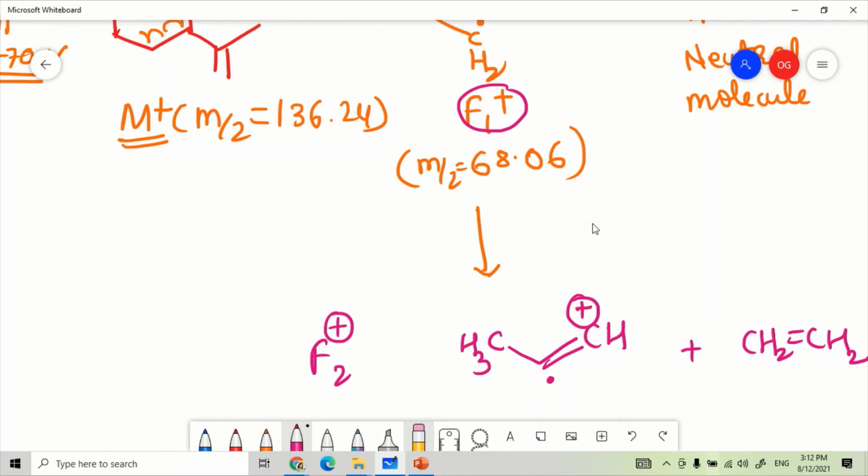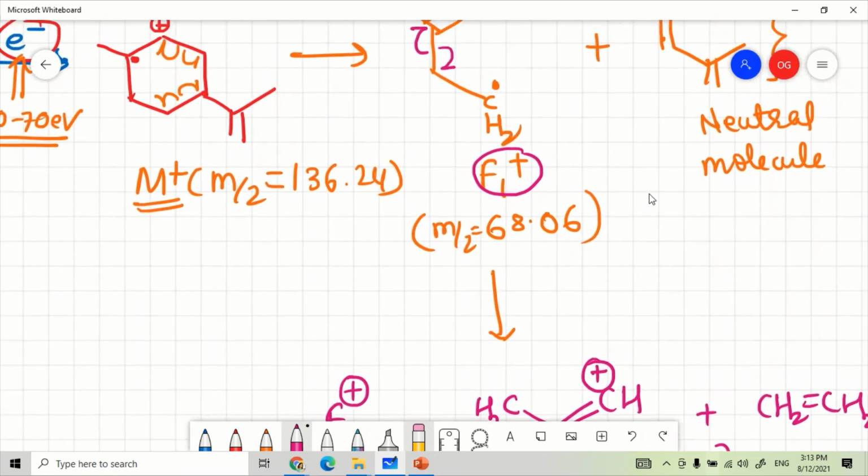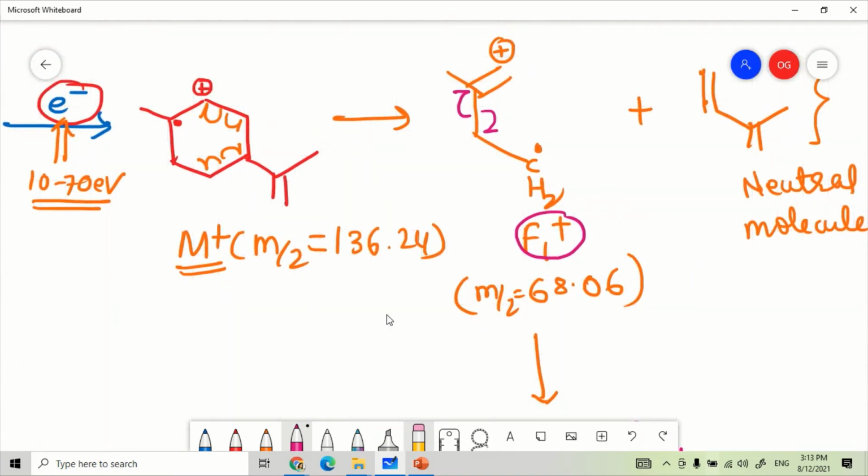This second fragment will again have its m/z value as 40.06, you can see here.